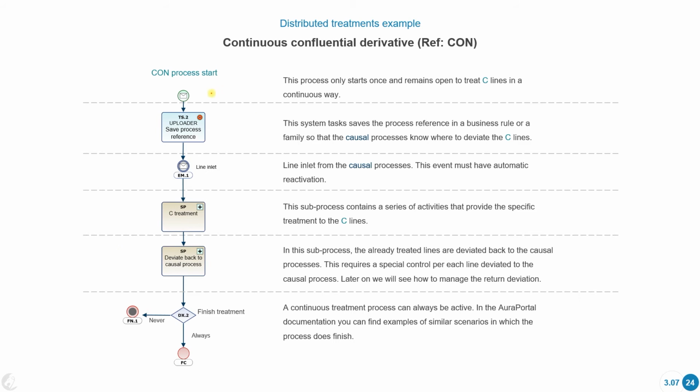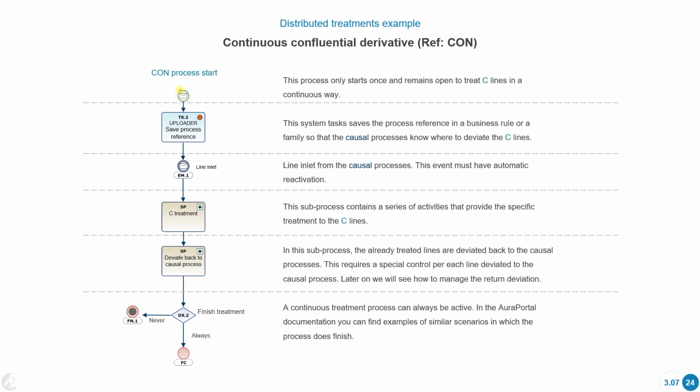So here we can see the process that's going to manage the lines of the type C. When is this process going to start? It's actually going to start before the causal process is triggered. So the first thing we have to do, even before the causal process is triggered, is trigger this instance here.